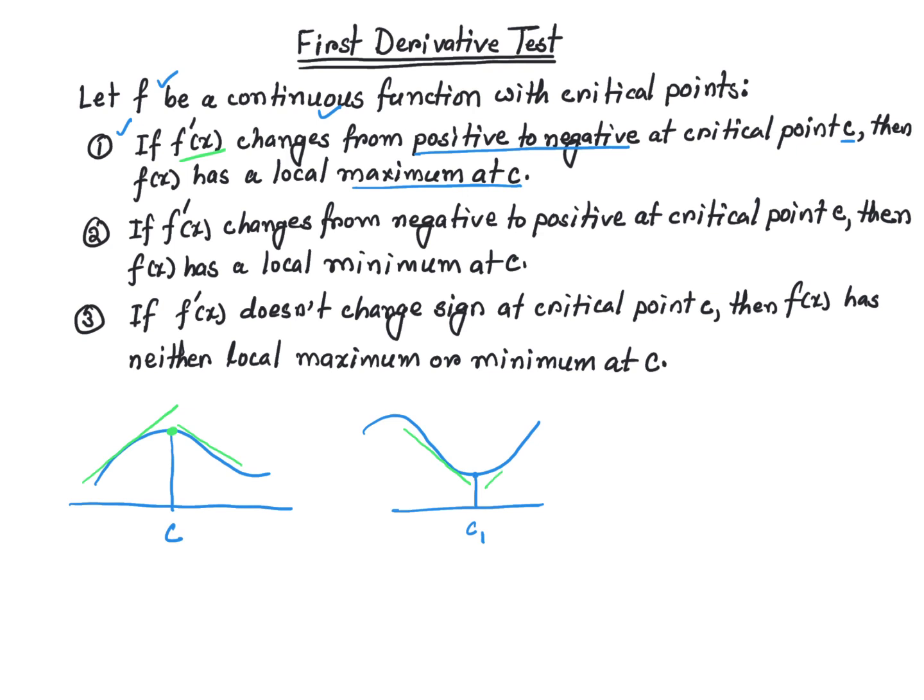On the other hand, to the right of C1, you get a tangent line with positive slope, meaning that the derivative is positive. So if on the left it is negative and on the right it's positive, then the critical point, in this case C1, is a local minimum. And here it was a local maximum.